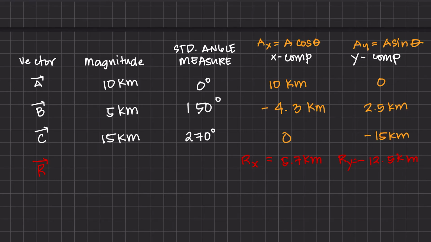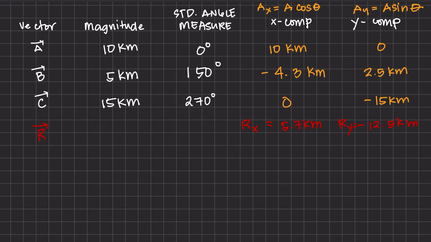Okay. So for the magnitude of resultant vector R, is just equal to the square root of Rx squared plus Ry squared, or that is equal to the square root of 5.7 squared plus negative 12.5.